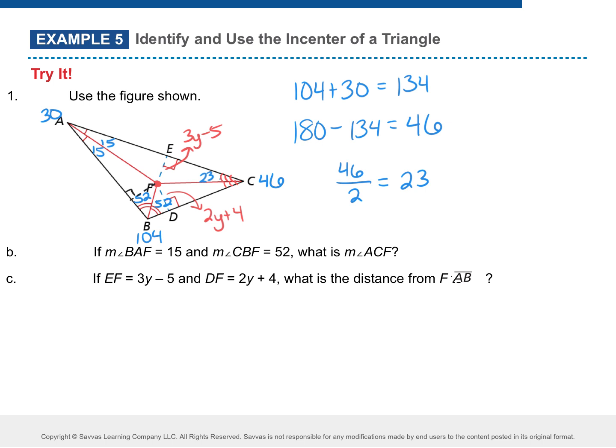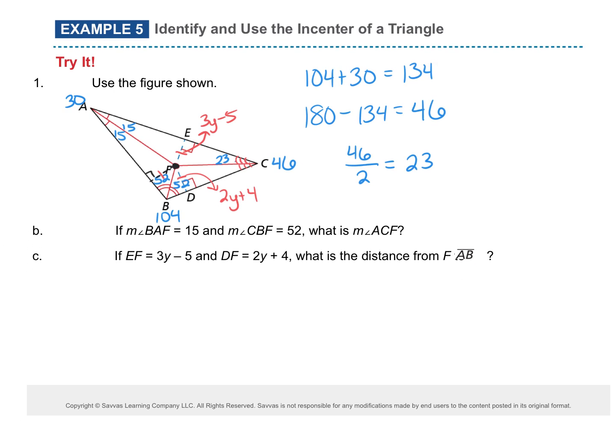What are we thinking? Set them equal to each other. Why do you say that? Because it's the concurrent of angle bisector. Right, we have two angle bisectors and we have that point of concurrency. So what do we know about these sides right here? They're congruent to each other. So we know those are equal to each other, so we set them equal to each other.